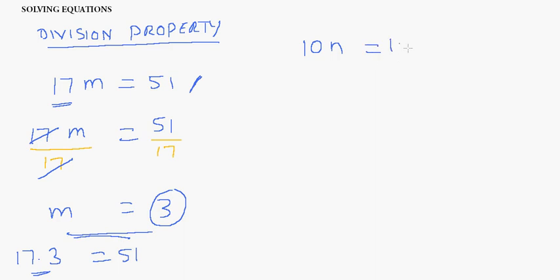10n equals 100 is another equation. Now as you can see, the variable n is being multiplied by 10. Therefore let us divide this equation on either side by 10. Write the original equation and divide either side by 10.